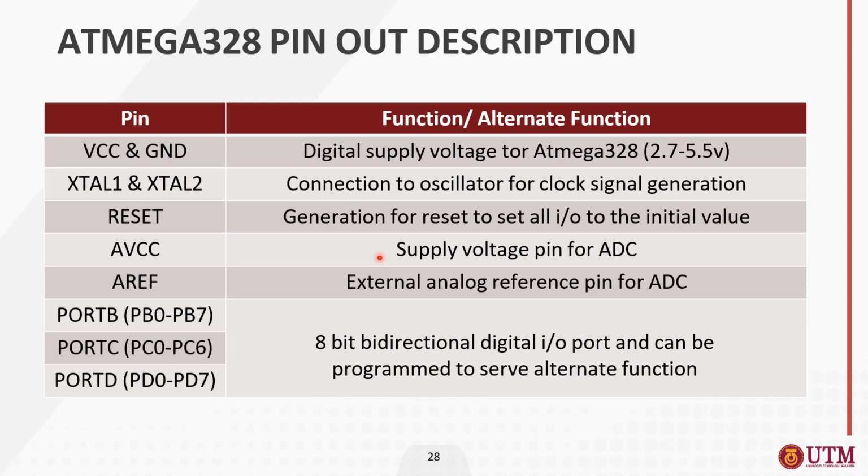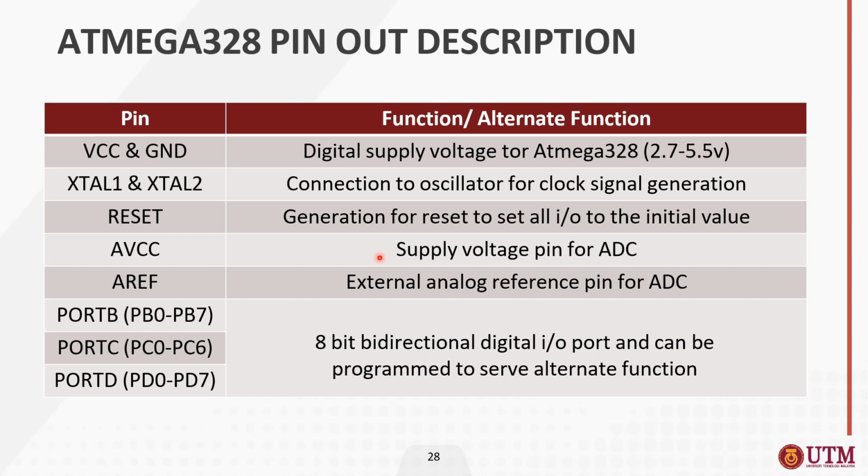Okay, so this is the pin out description for ATmega 328. For VCC and ground, VCC is actually the digital supply voltage for ATmega 328. The supported voltage for operation is from 2.7 to 5.5 volts.